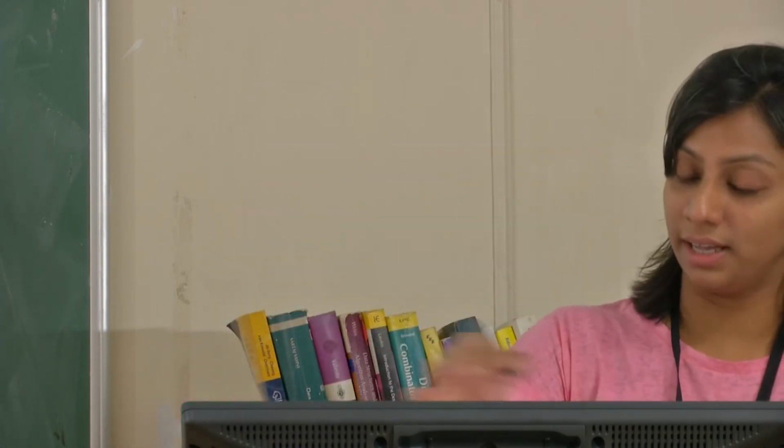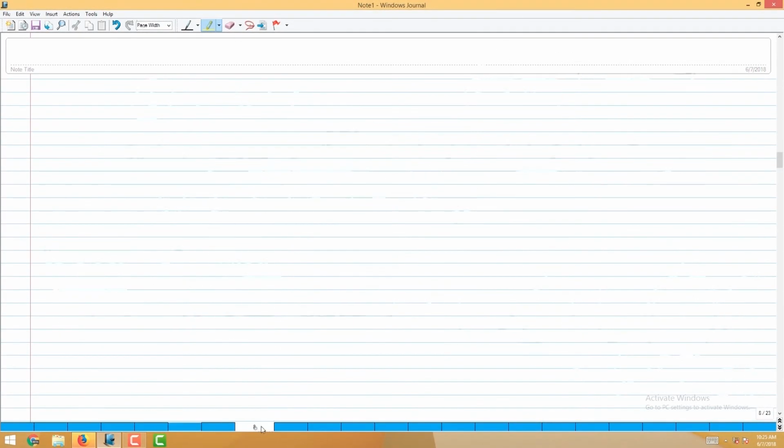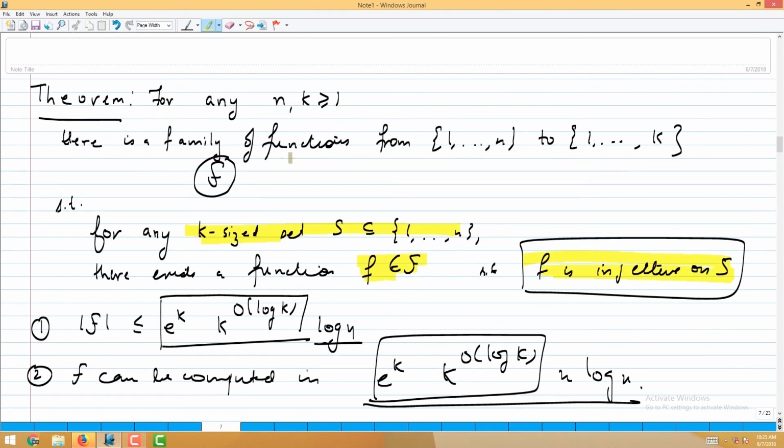Now what can I do? In the previous randomized algorithm, we were computing a coloring randomly with the hope that this will be a good coloring, in the sense that it will make a k-path colorful. Now instead of computing this coloring randomly, I look at each function, and each of these functions corresponds to a coloring.